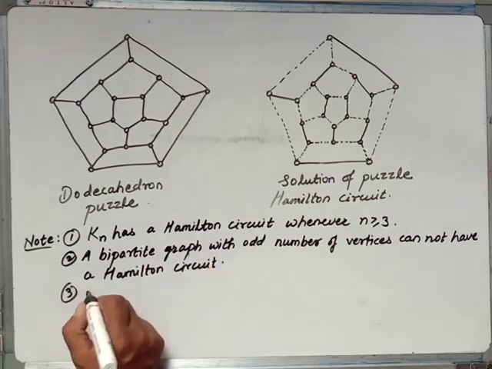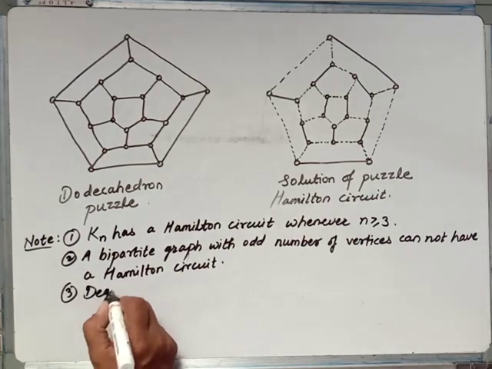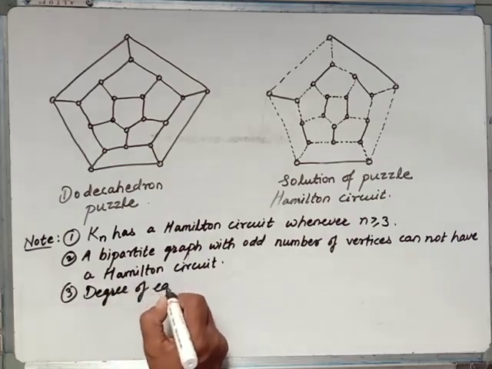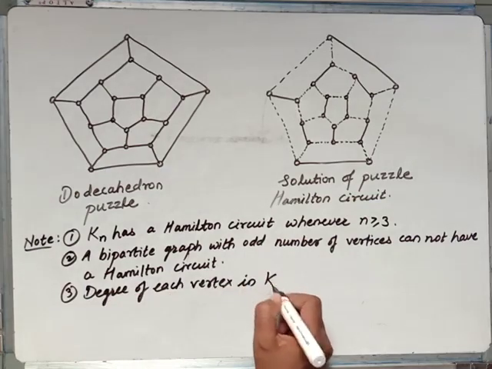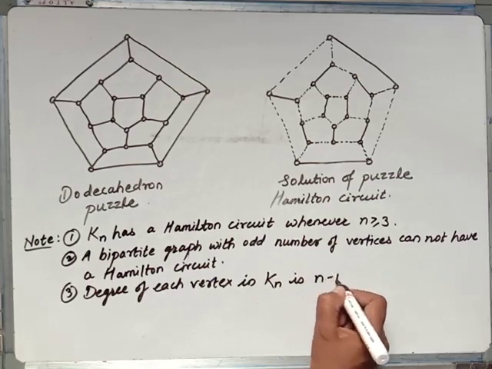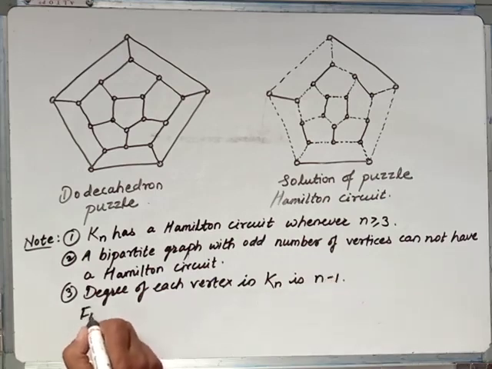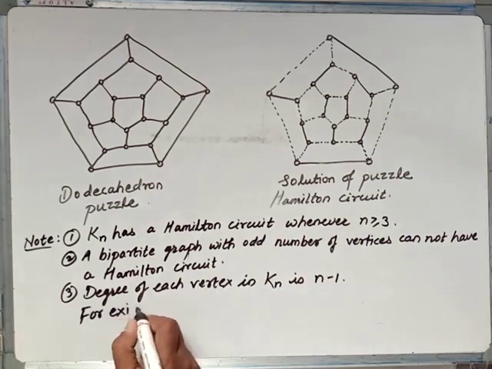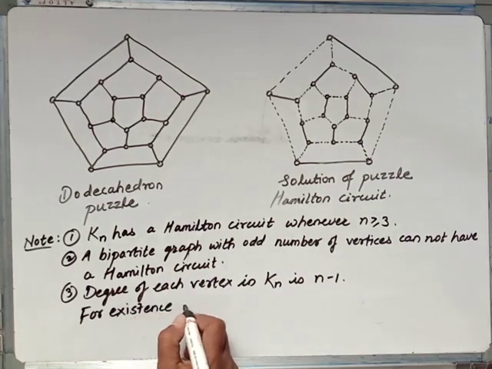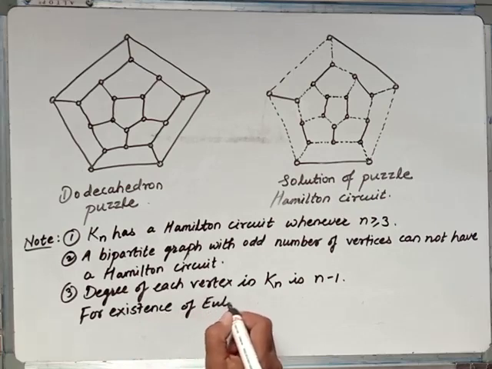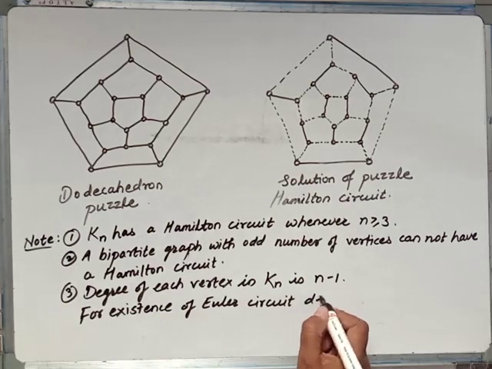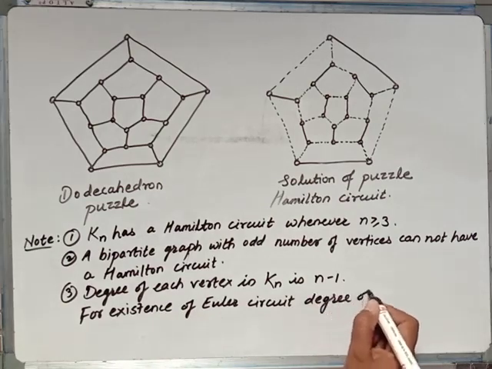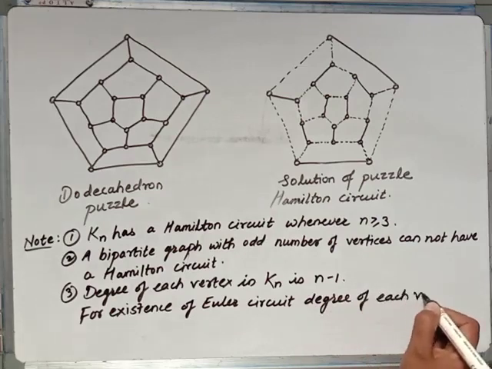Okay. Third one, the degree of each vertex in Kn is what? n minus 1, right? For the existence of an Euler circuit, the degree of each vertex is what?